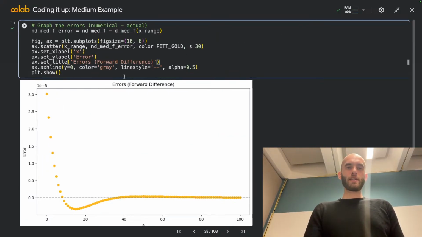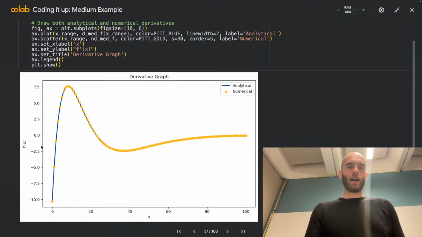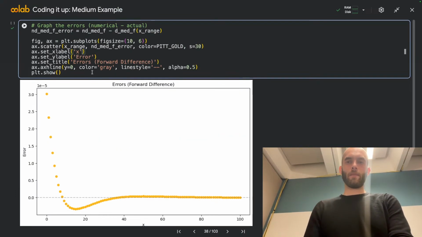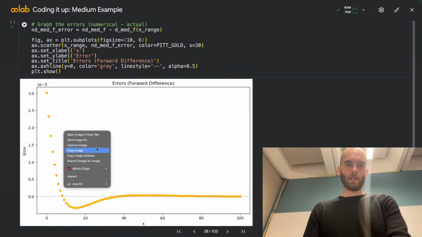So this is just a graph of the errors. Remember back to the previous figure, I have the analytical and then I have the numerical. What I'm doing here is just plotting the errors. So let me clear this.